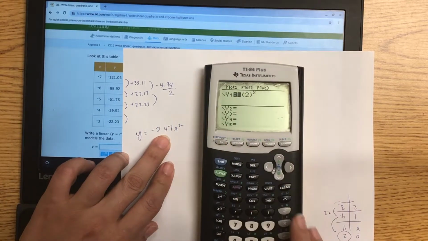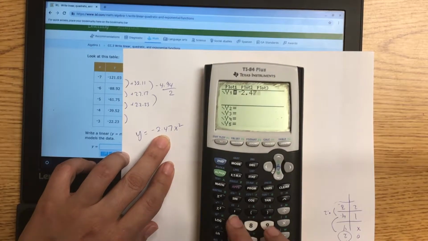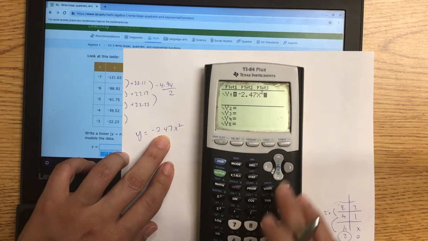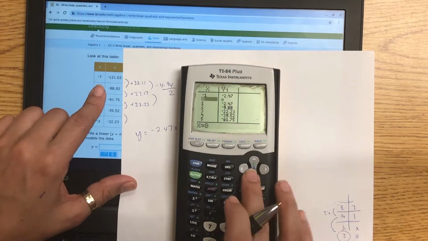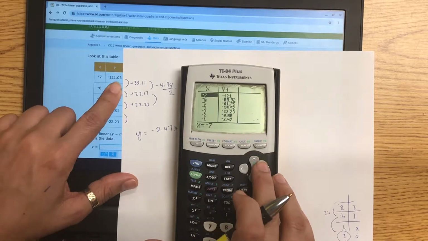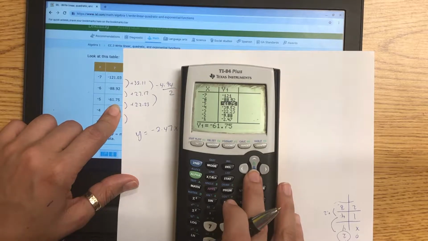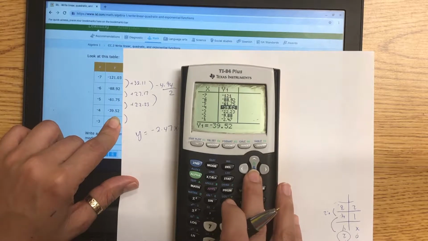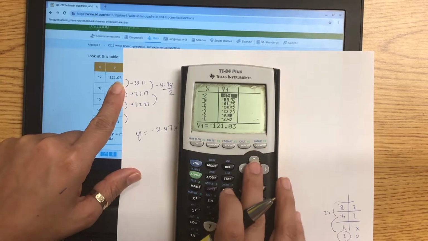Put that in the calculator, because I don't know what's going on right now. Negative 2.47x squared. Go to the second table, and they start at negative 7, so I need to go up, negative 7. I mean, it looks the same. The only difference is this one at the top.